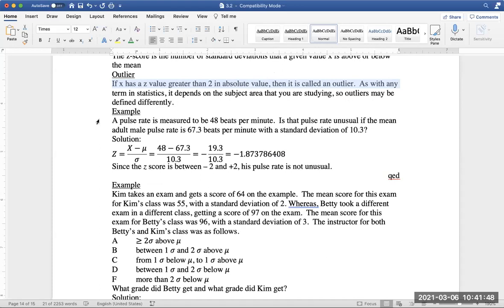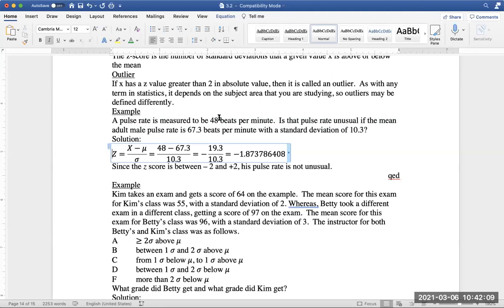So a pulse rate is measured to be 48 beats per minute. Is the pulse rate unusual if the mean adult pulse rate is 67.3 beats per minute with a standard deviation of 10.3? So let's take the z-score, x minus mu over sigma.